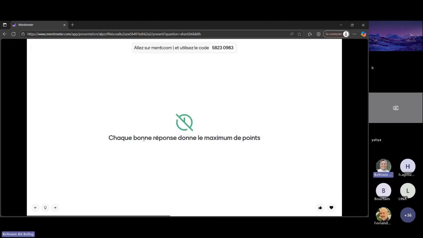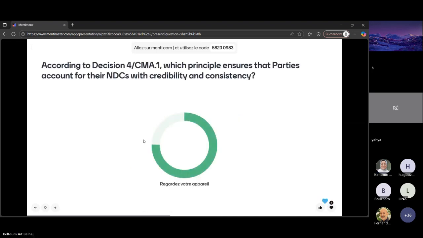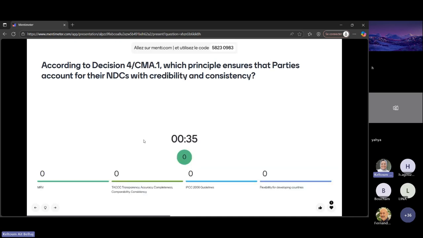Okay, question number 8. According to decision 4/CMA.1, which principle ensures that parties account for their NDCs with credibility and consistency?